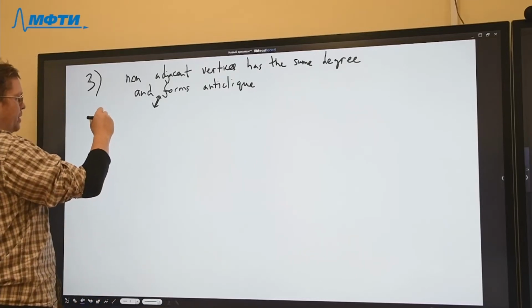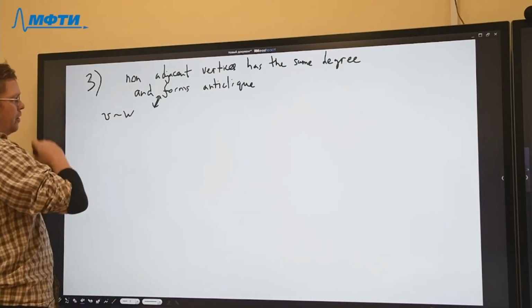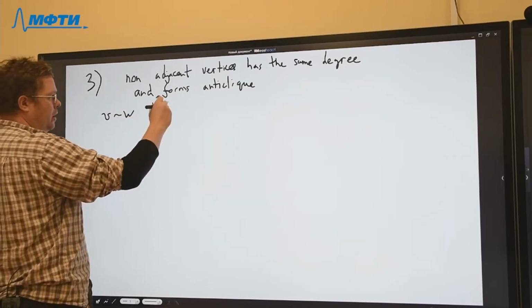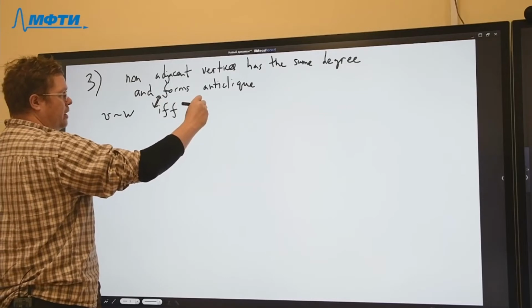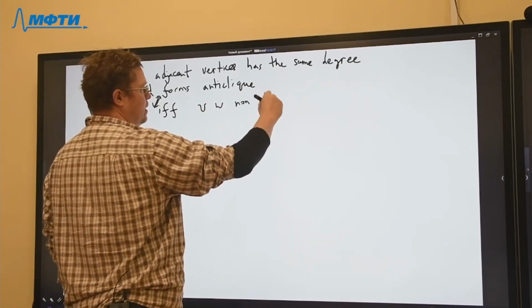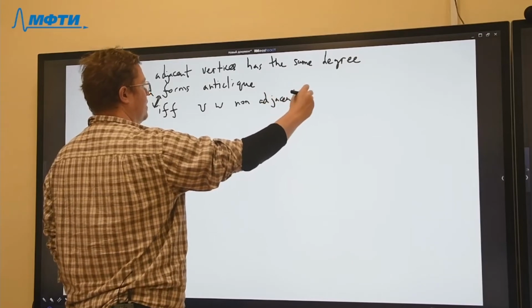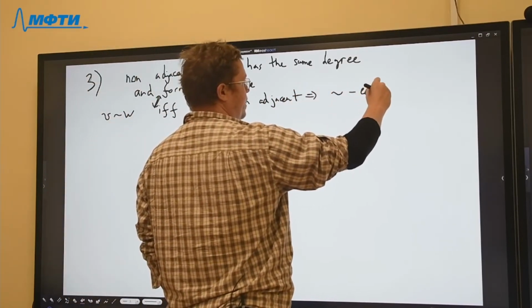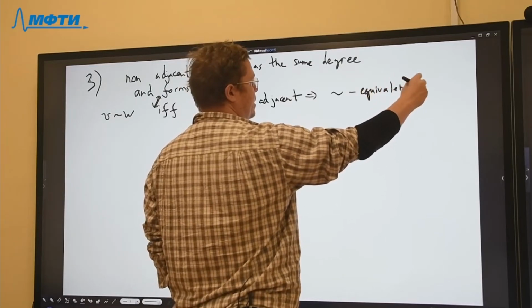So if we define the relation that V is equal to W if and only if they are non-adjacent, then this is an equivalence relation.